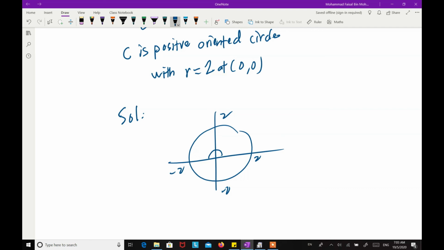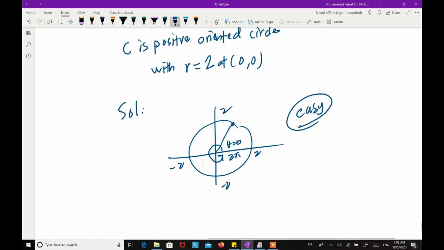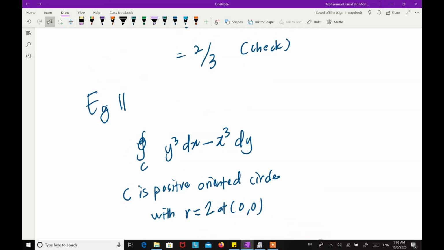It is anti-clockwise, so your theta should be 0 to 2 pi, and your r is 2. You have to use polar coordinates for the double integral. Why? Because it is easy. If your region is a circle, you can use polar coordinates. From the question itself, your f1 will be y cubed and your f2 will be negative x cubed.